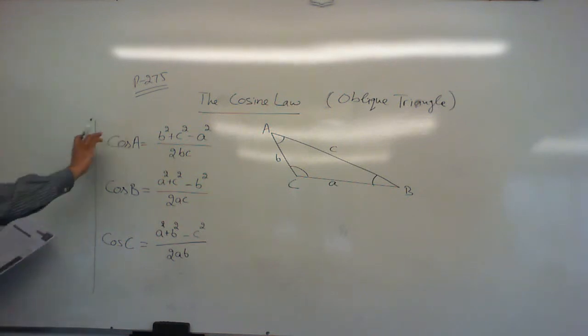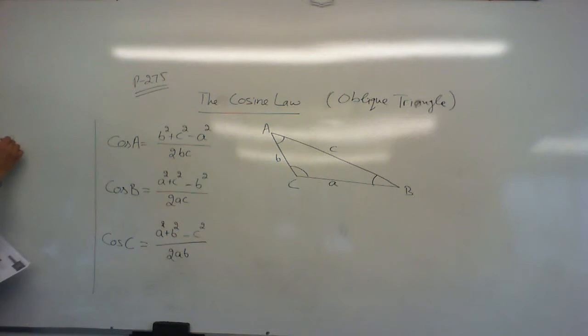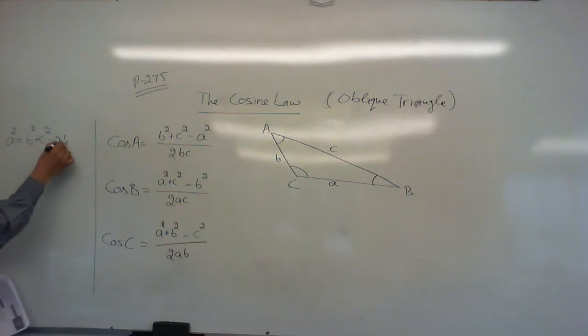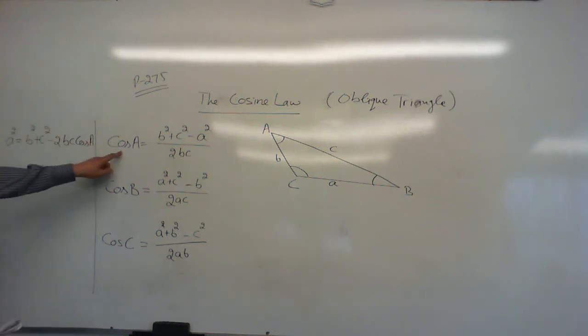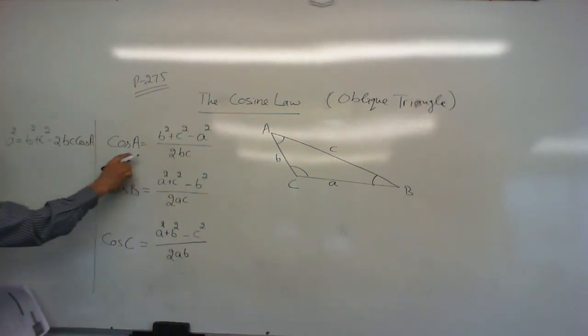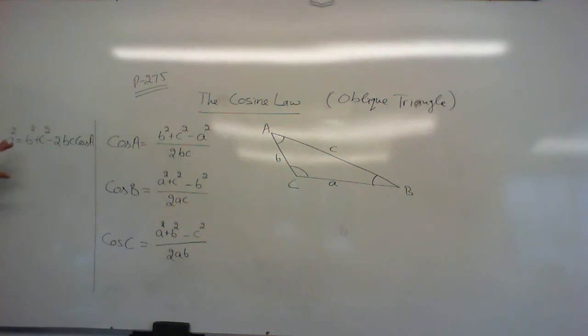Now from this you can get A square is equal to B square plus C square minus 2BC cos of A. The same law can also be written in this form. So sometimes you will need this format, some other times you will need this format. But again, this will also be available to you. A formula sheet will be provided, and this will be on that formula sheet.